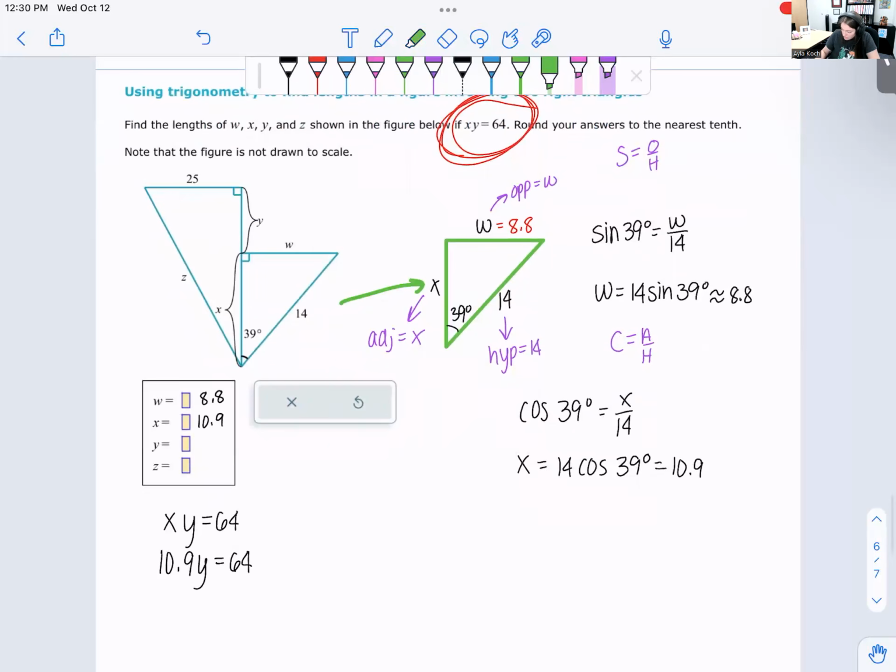I'm getting that information, by the way, from there. So X is 10.9. Divide both sides by 10.9, and you'll get Y is equal to 64 divided by 10.9. And that's 5.9.